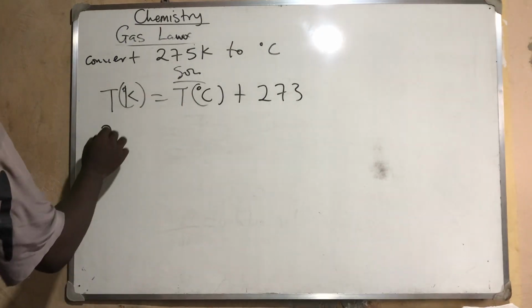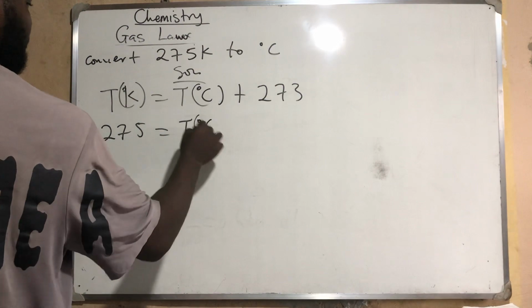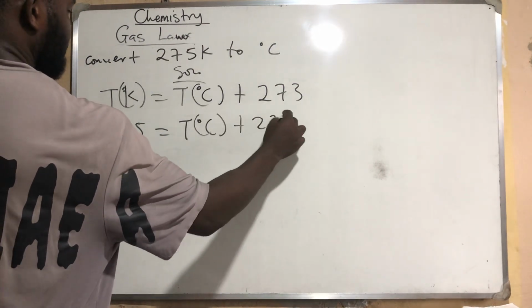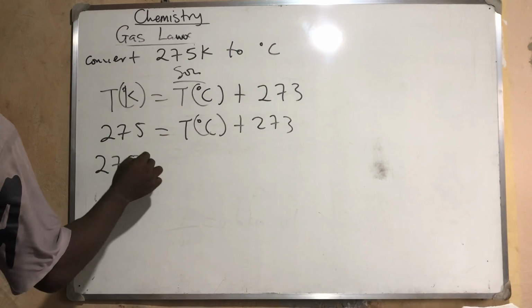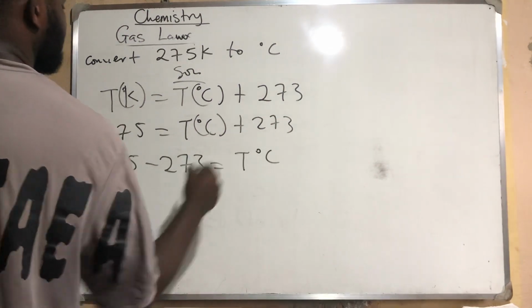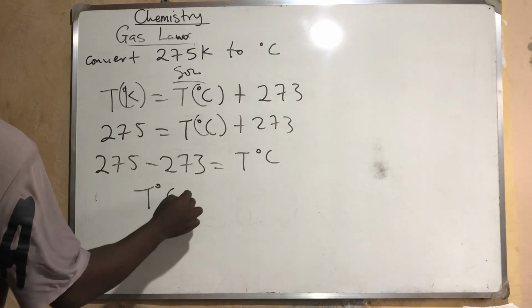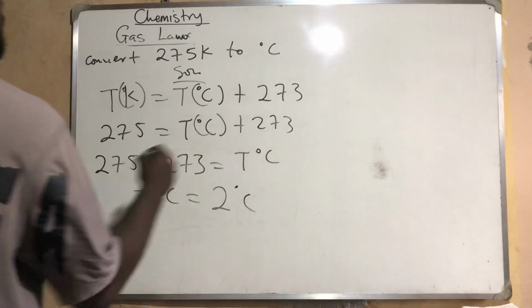So I now write this one: 275 is equal to temperature in degrees Celsius that I'm looking for plus 273. So this one moving here, I will now have 275 minus 273 is equal to temperature in degrees Celsius. So temperature in degrees Celsius is equal to this minus this, to give you 2 degrees Celsius.